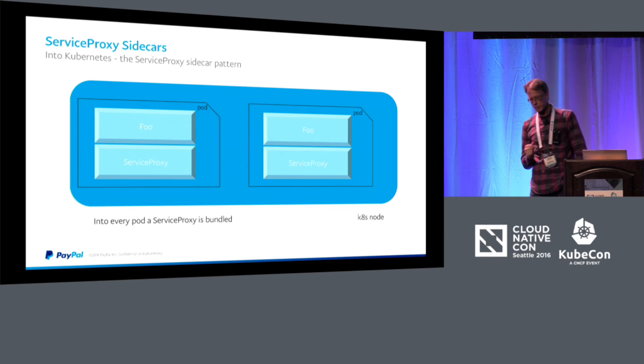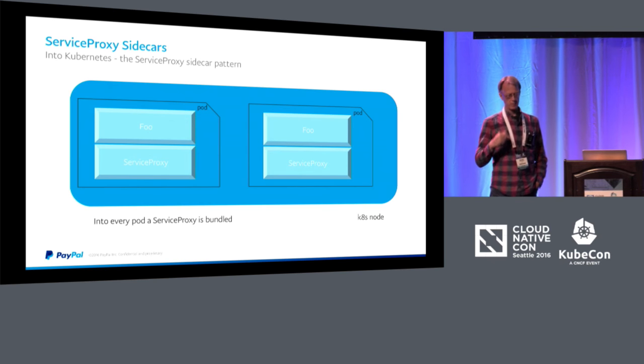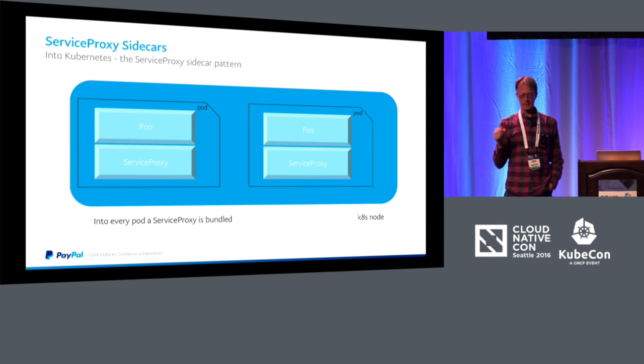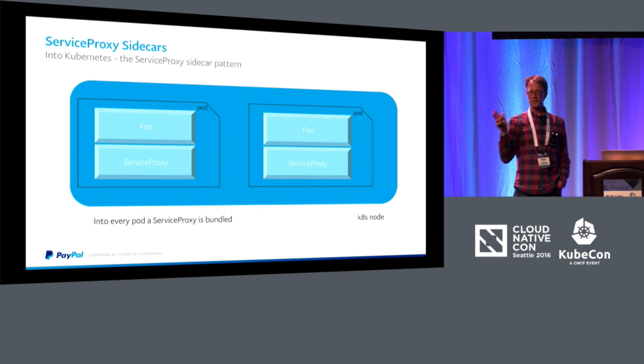So if you want to port this pattern into Kubernetes, the first thing that comes to mind is I'm going to bundle a Service Proxy into every application pod, because the way that the Kubernetes pod networking works is such that containers within a pod can address each other on localhost by port alone.